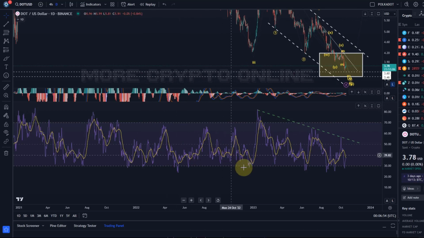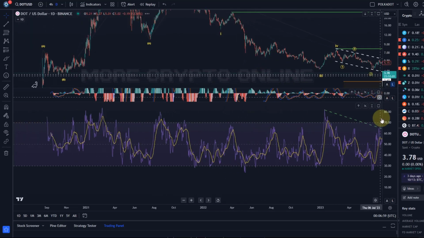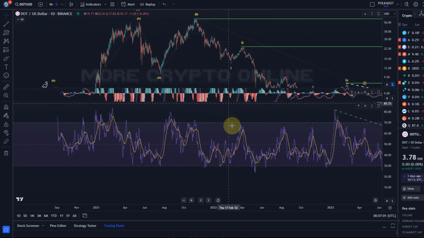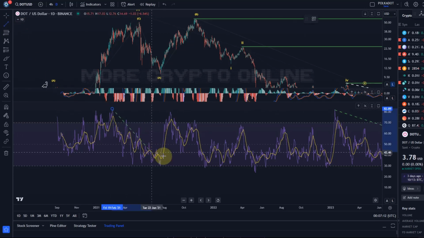And sometimes these breakouts of RSI, sometimes I see it straight away. I haven't got one here, but sometimes these breakouts of a trend line can be very bullish. Here, for example, we had a similar situation in 2021.